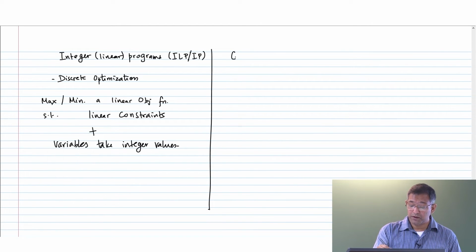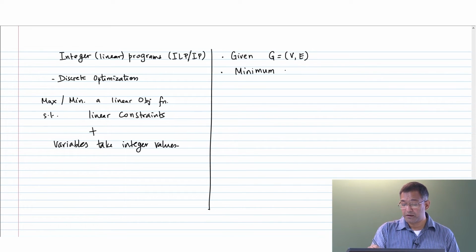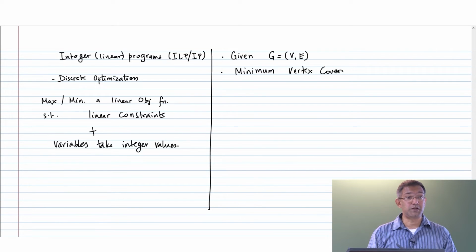So, let us take an example. I am going to take a complicated example. Let us say you are given a graph, and what we want to do is to compute a minimum vertex cover. So, what is a minimum vertex cover? Let us take a graph.